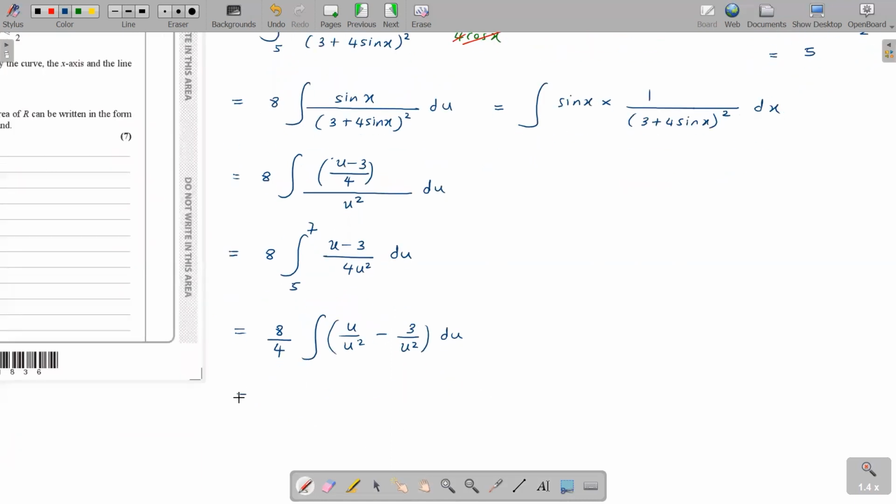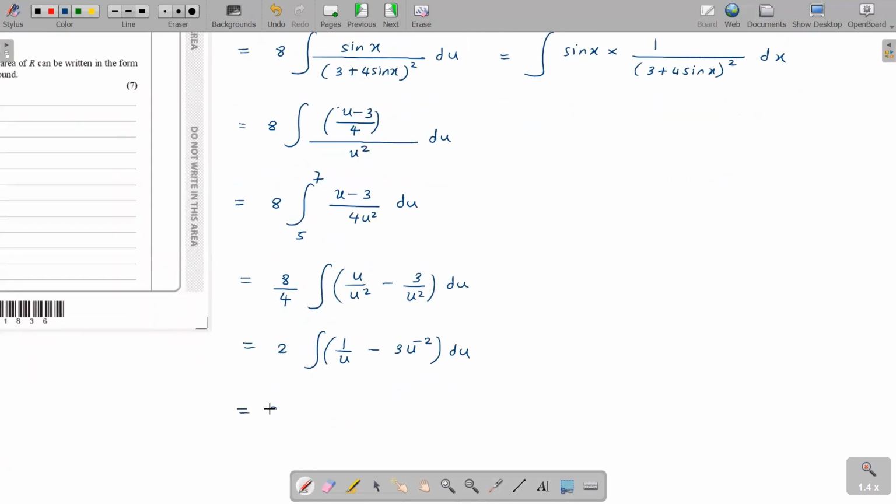So u over u squared is 1 over u, minus 3 over u squared. We can take the u up, so I get 3u to the power minus 2. Are you with me? 1 over u, we don't take it up because for 1 over x we have a separate integration. Shall we integrate now?